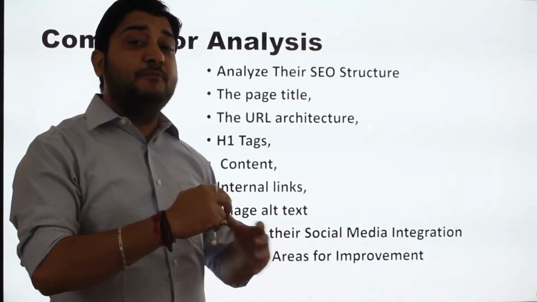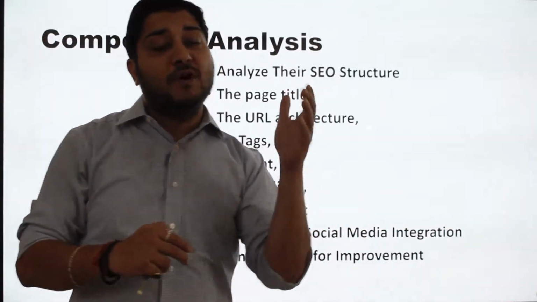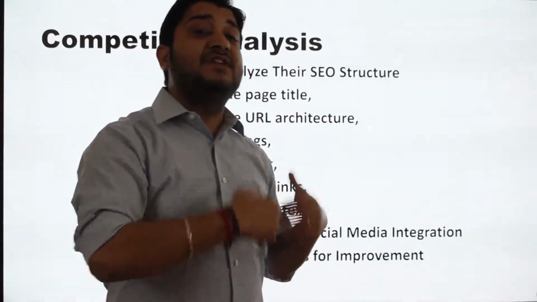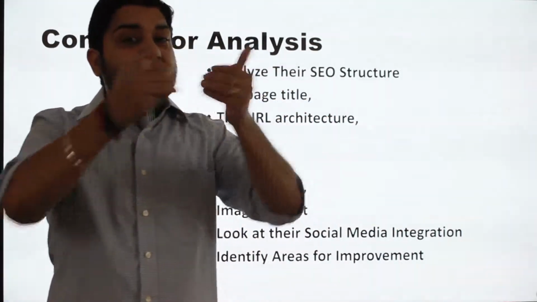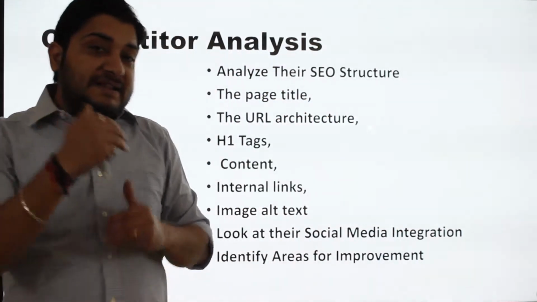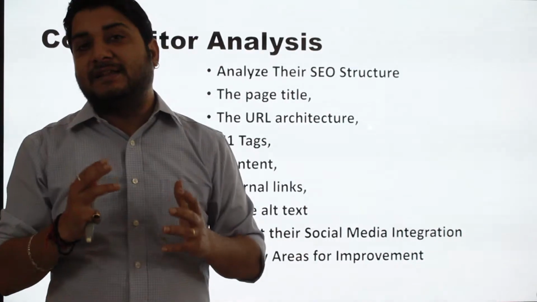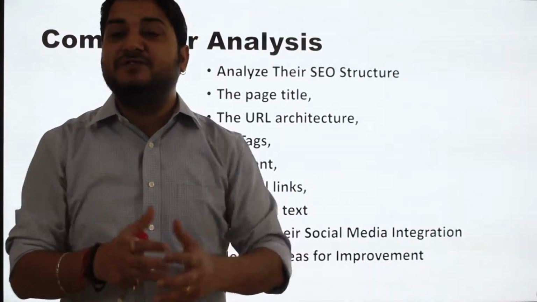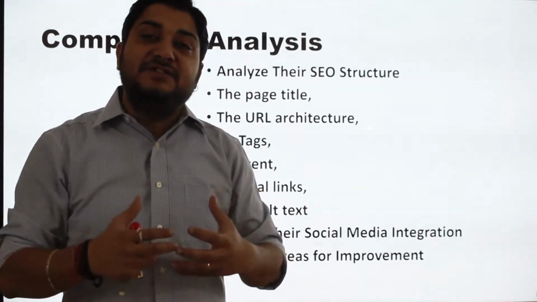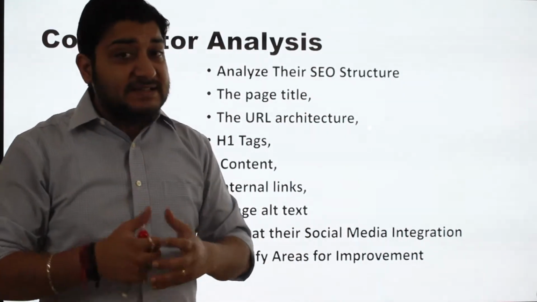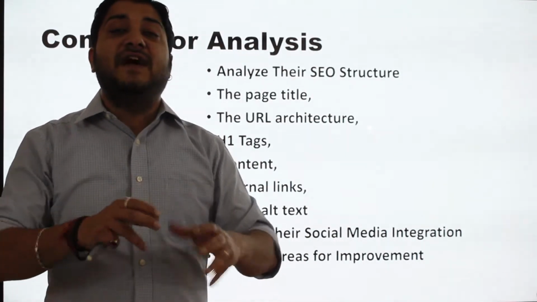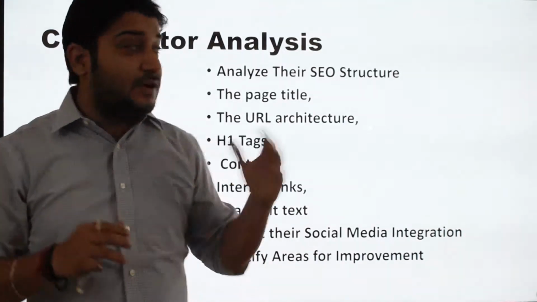Identify the areas of improvement for them, and the areas of improvement that we're going to suggest to them that you can implement for your own website. By this, you will get a fair idea of what strategy you have to take for doing SEO for yourself.